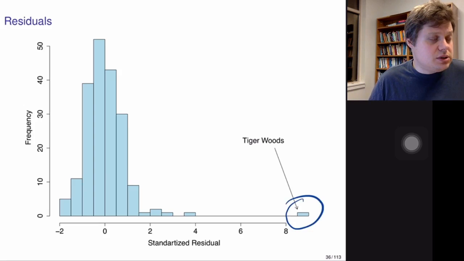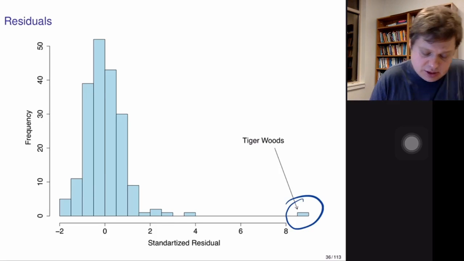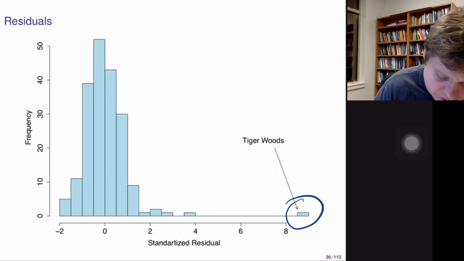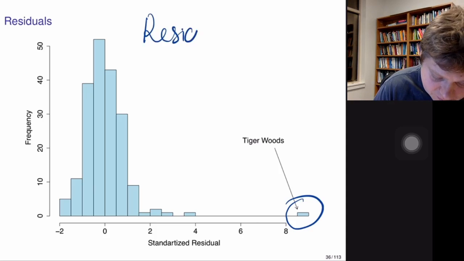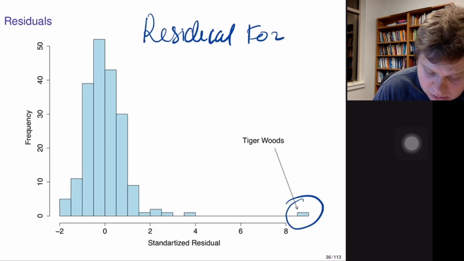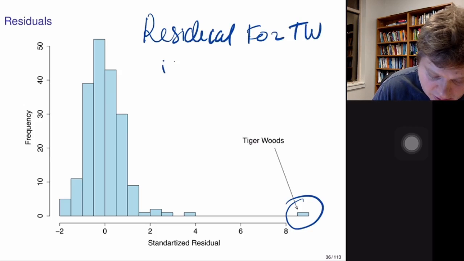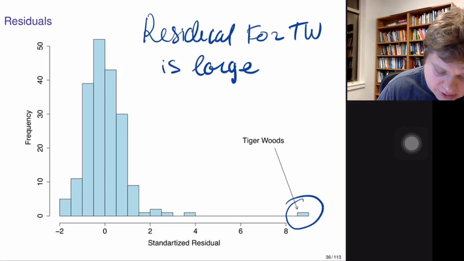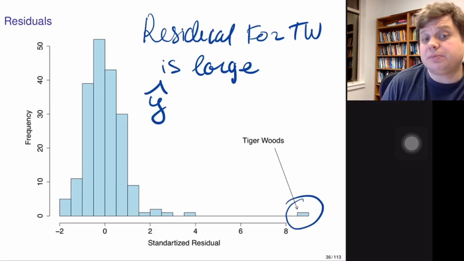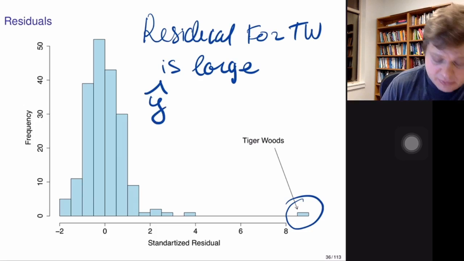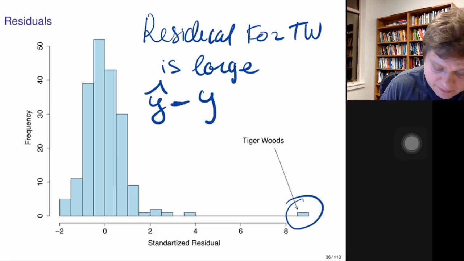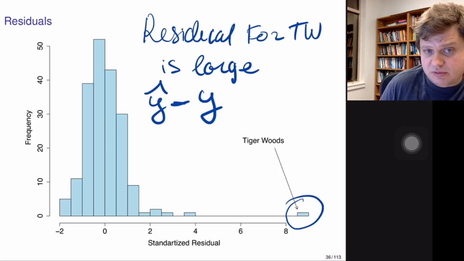So let's think about this. The residual for Tiger Woods is large. And what is the residual? Residual is y hat, the amount of money the model predicted that Tiger Woods is going to make, minus y, which is the actual amount of money Tiger Woods made.